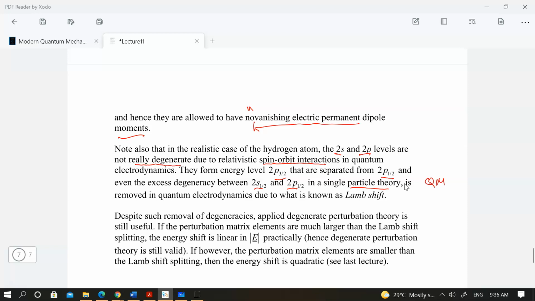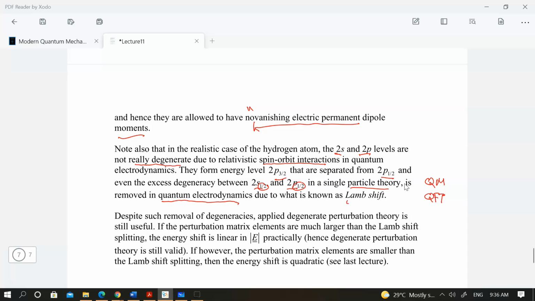But quantum mechanics is not the final theory, because when you consider a much more refined theory, which is quantum field theory, where you have this idea of quantum electrodynamics, even in this particular case, these two orbitals with total angular momentum equal to half, while degenerate in the single particle theory, become non-degenerate again in quantum field theory.